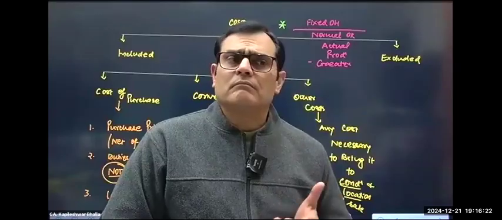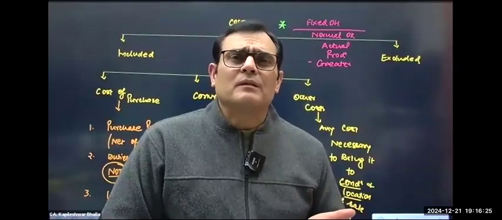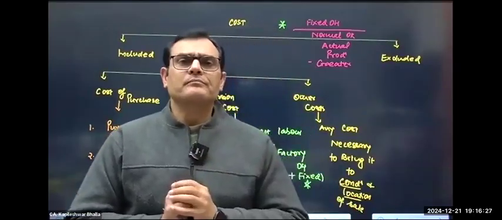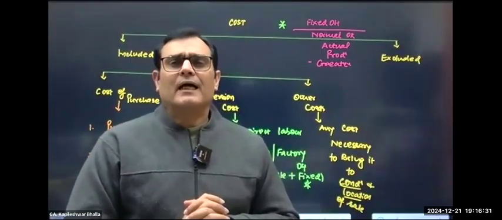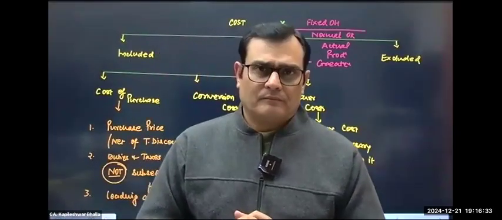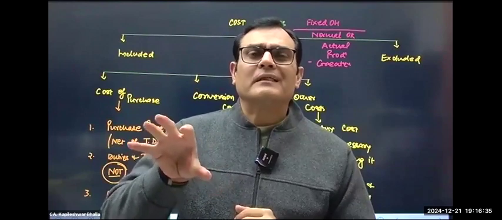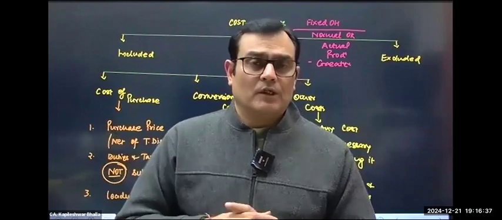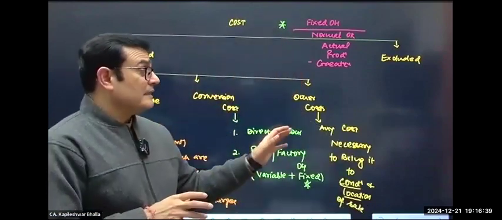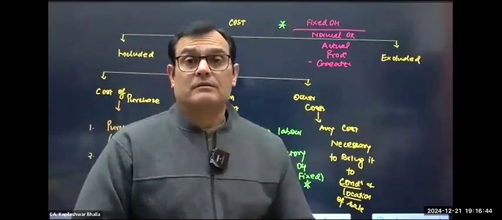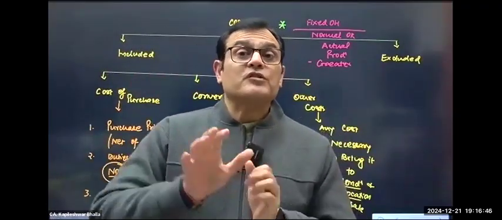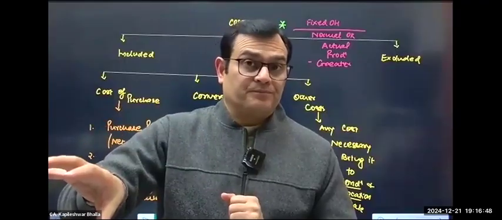What is the condition of sale? It brings it into a saleable condition. For example, packaging. Or, for example, a customer tells me that I want a specific design, a tailor-made design. So if I incur a designing cost, is it a cost necessary to bring it to the condition of sale? Yes. And location means from where you will dispatch the goods.